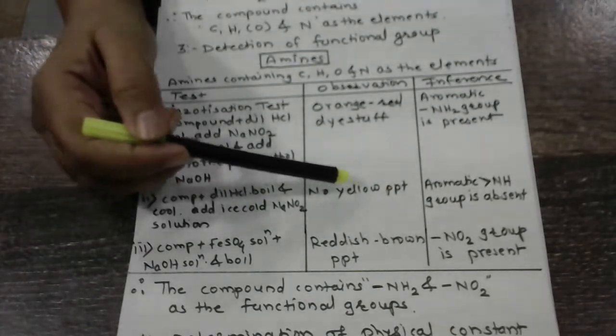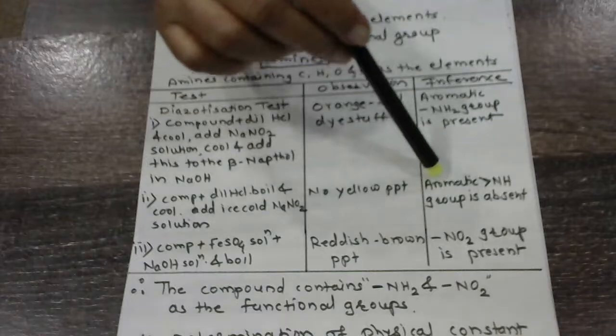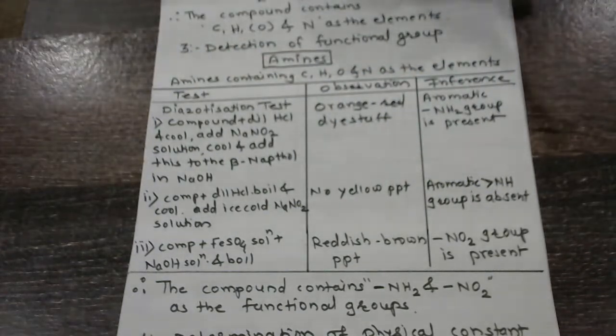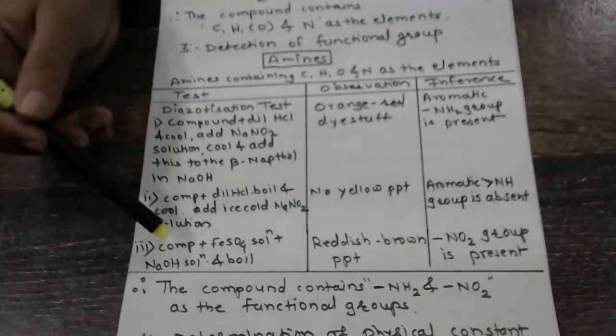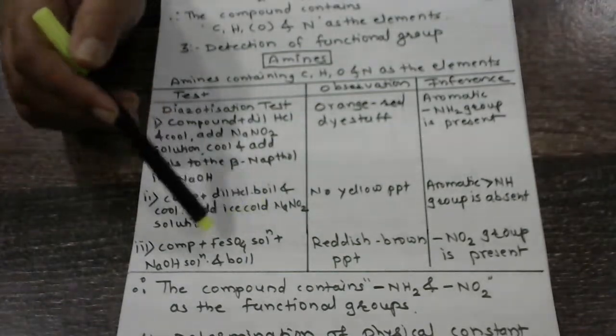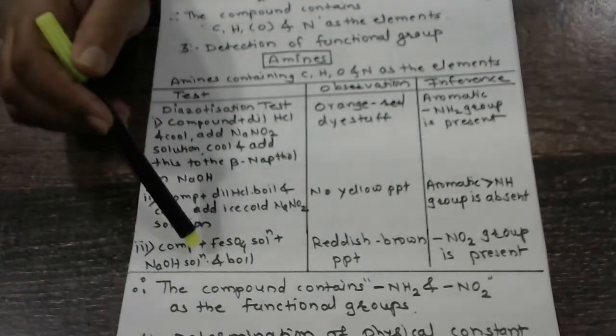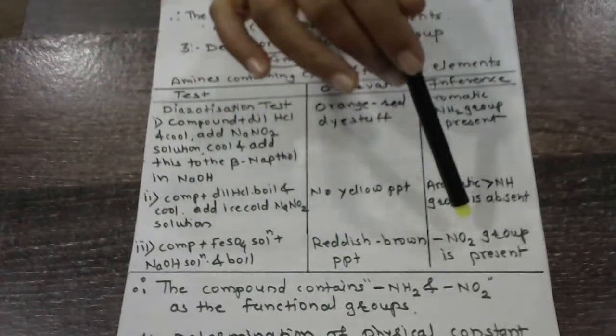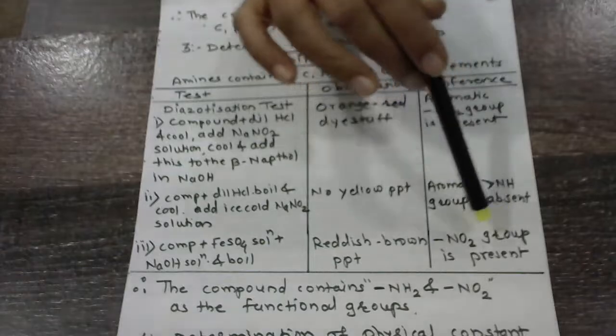We do not get yellow precipitate, so we can say that the aromatic NH group is absent. Then take third step, compound plus FeSO4 solution plus NaOH solution and boil. We get reddish brown precipitate, which indicates that dash NO2 group is present.